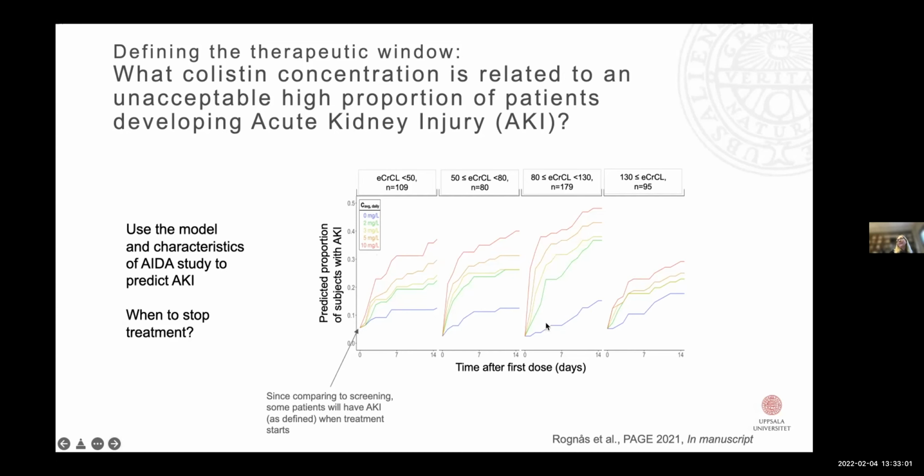So the higher the concentration, the higher is the probability of having acute kidney injury. So with the help and feedback from clinicians, we think that with this we will be able to have some threshold, and then that can guide us in what should be the upper limit, and also for how long the patient should be treated at maximum, because you can see that the risk is increasing during the treatment period.